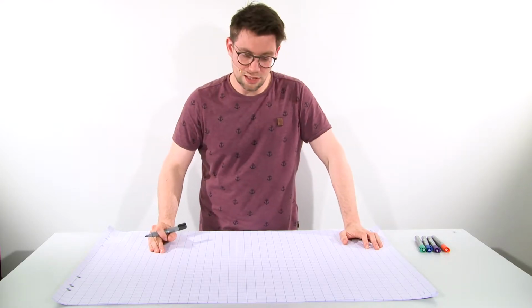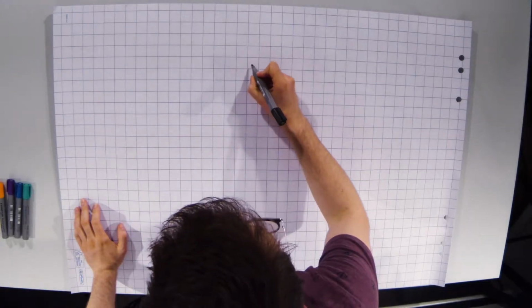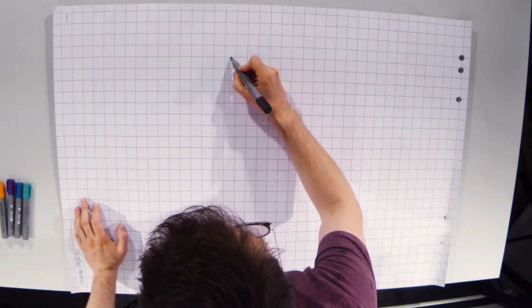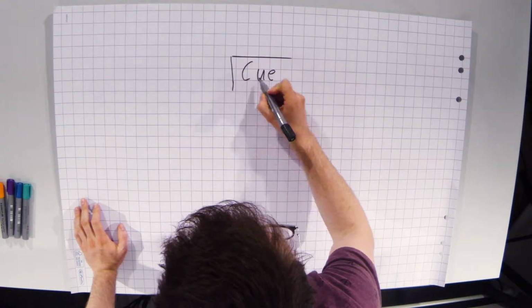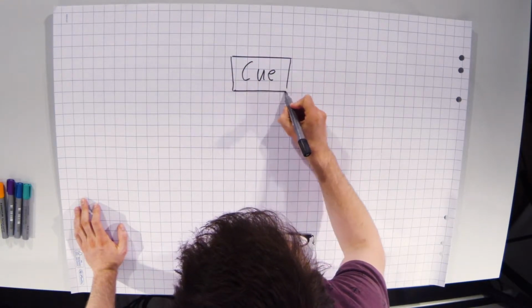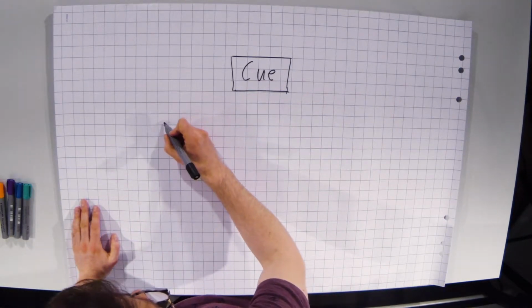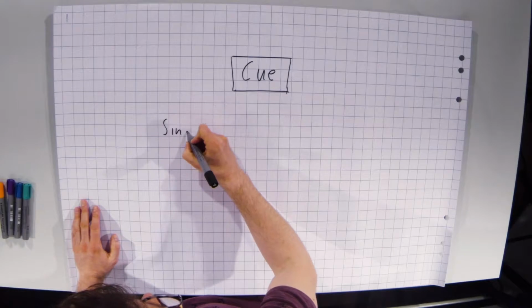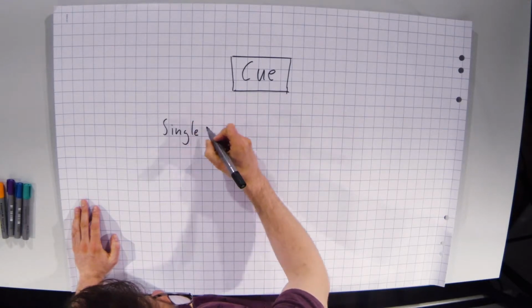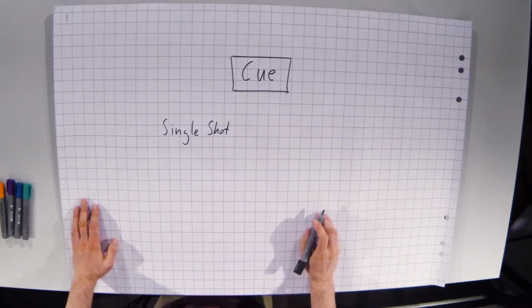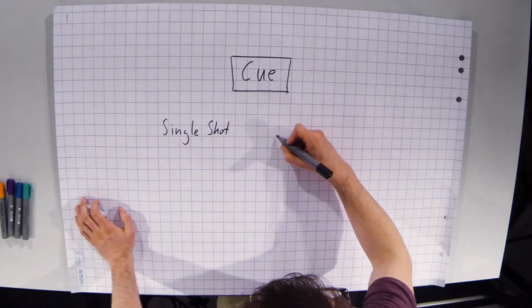All right, so we can have a queue. And a queue can be both a single shot or it can be a macro.